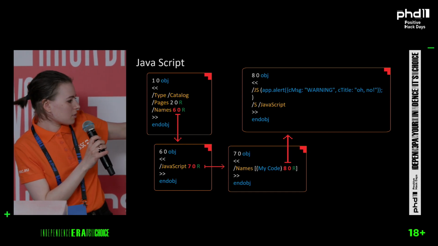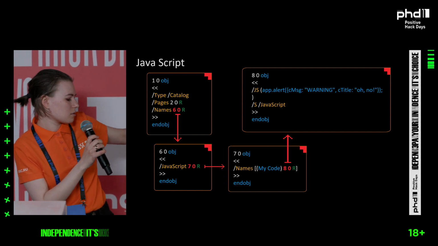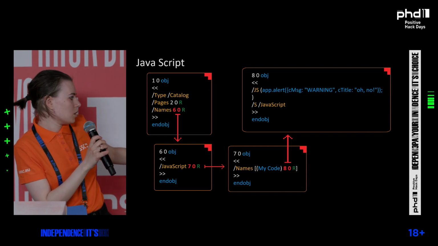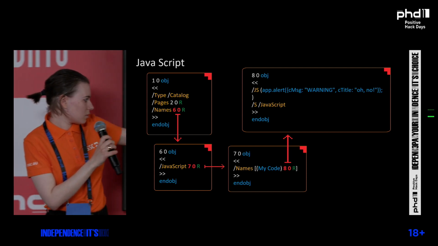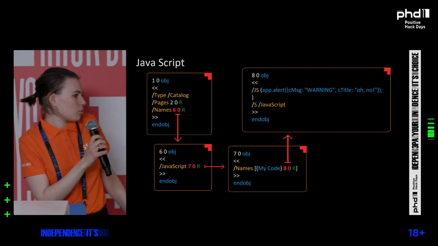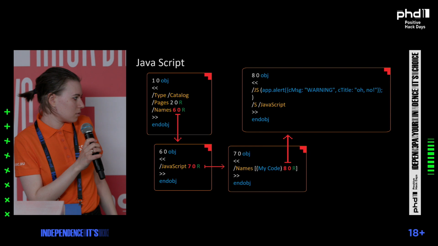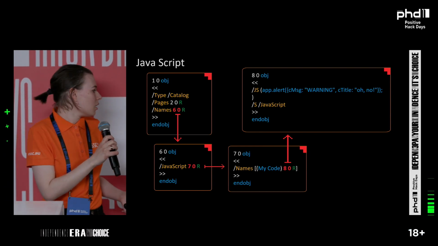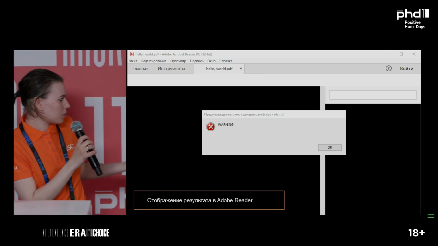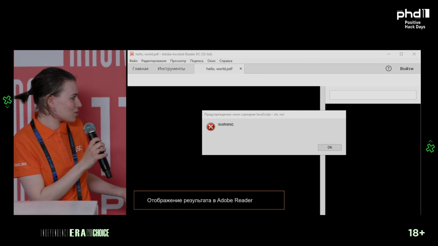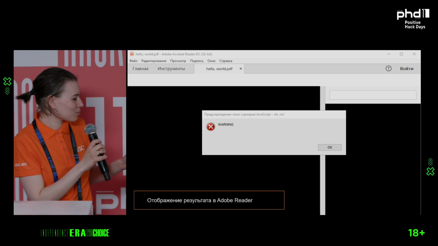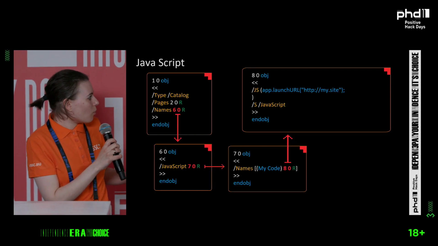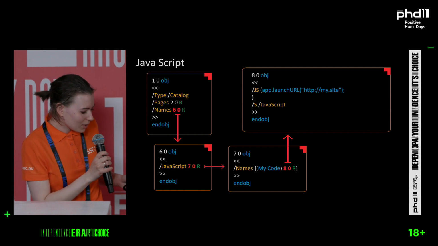So with the names branch, which runs in the document till the end, you can add some functions in there, my code for example, and you can come back to this JavaScript when necessary. And this is what this warning pop-up sign looks like. That's the first thing that runs while launching the document.